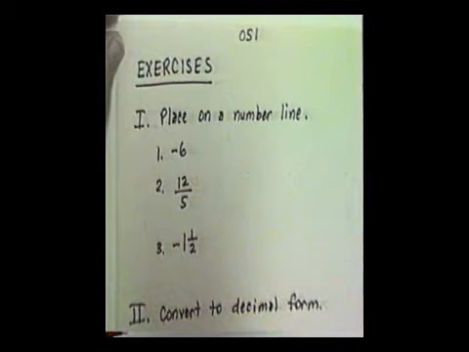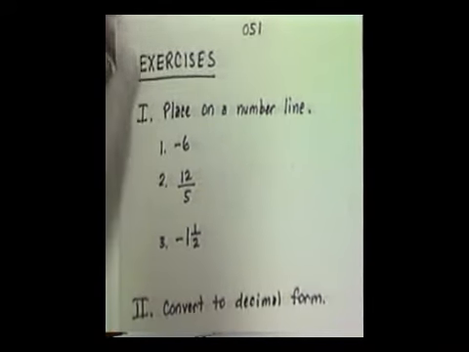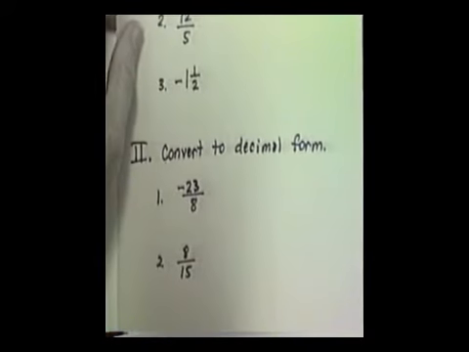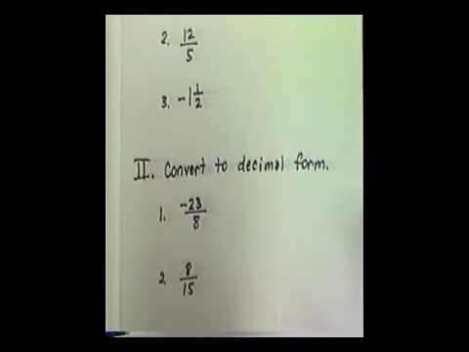The next group of problems is to convert to decimal form: 2 fractions, negative 23/8 and 8/15. Copy these down, stop the tape, work the problems, and then start the tape.